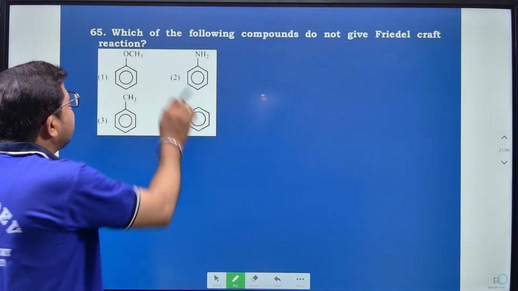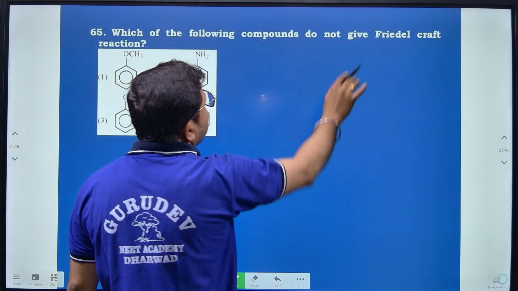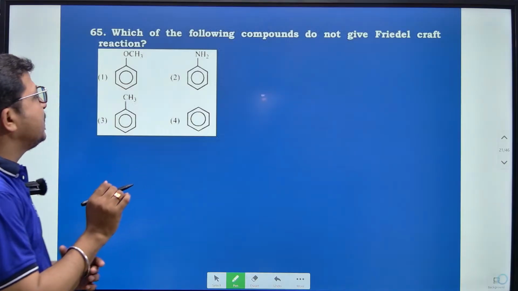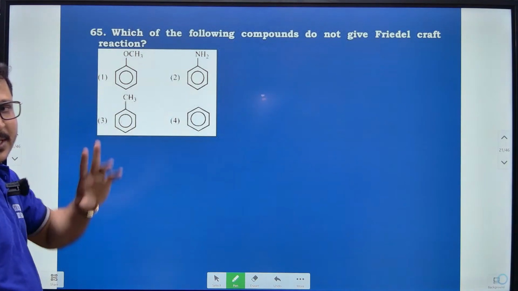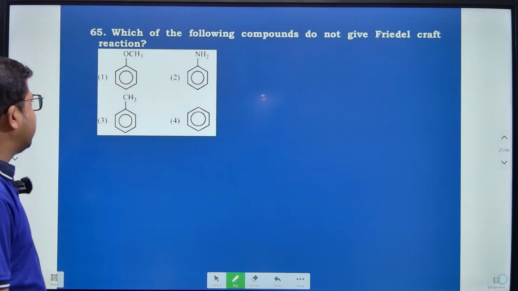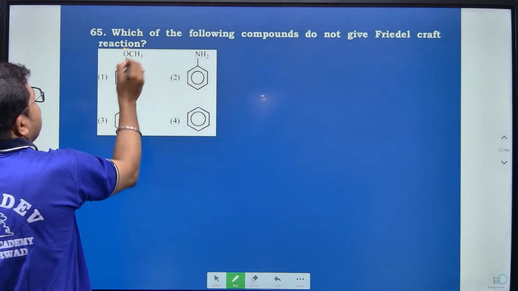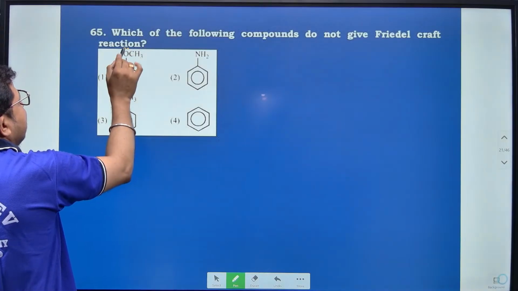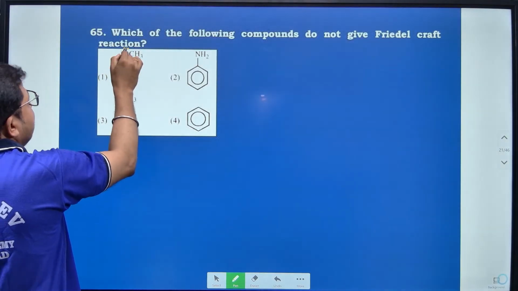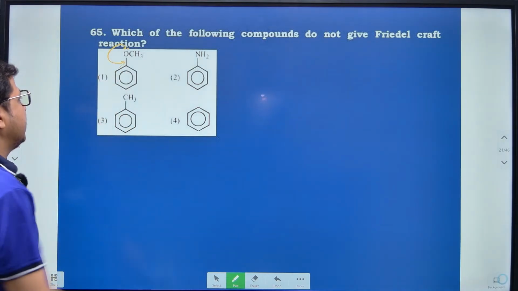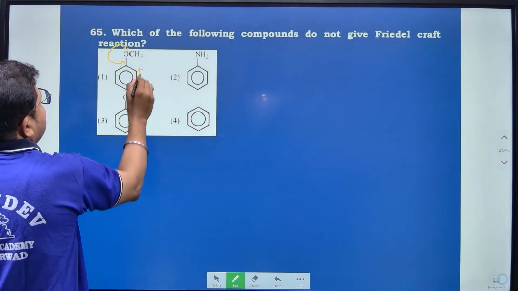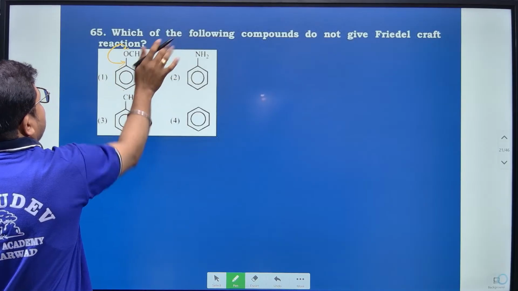And here, which of the following compounds do not give Friedel-Crafts alkylation reaction or acylation reaction? There are two types of reactions, alkylation and acylation. OCH3, here I will explain with the help of these compounds. OCH3 is an electron donating group, hence it is an ortho-para director.